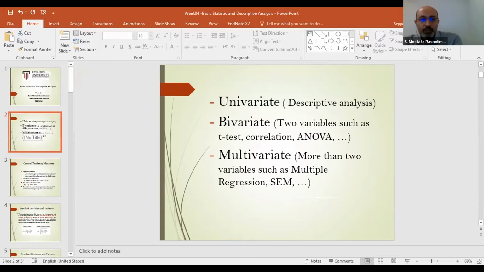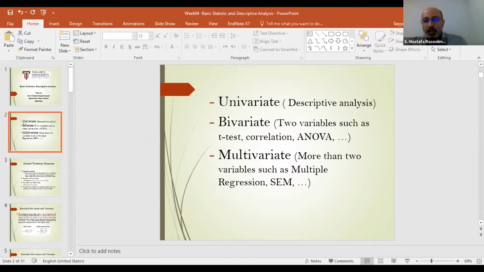As I mentioned before, there is one way to categorize different types of analysis, but some scholars do not very much agree with this categorization and put the different types of analysis under multivariate.